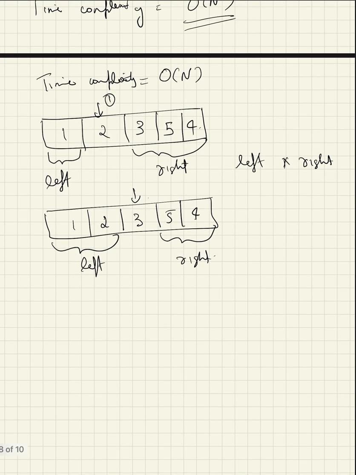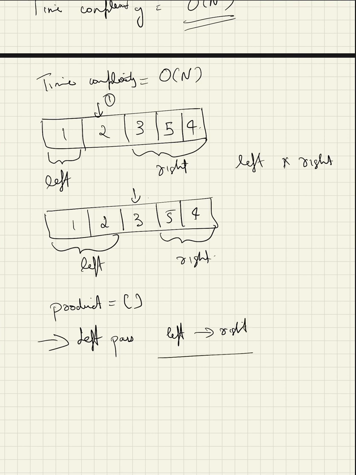So the idea would be, there will be an array called product, in which we'll first make a left pass, moving from left to right, and create an array which has the products. How would that look?